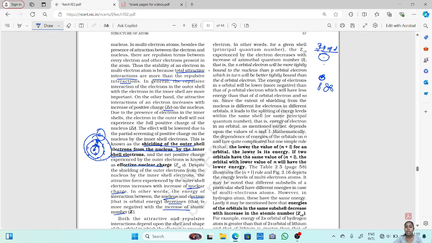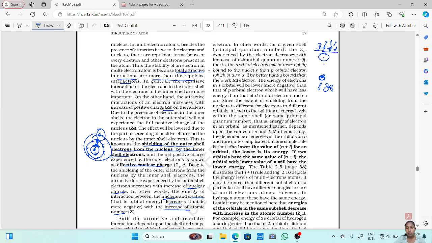Now, the electrons present in these subshells, their effective nuclear charge decreases as the azimuthal quantum number increases. So as the subshells increase, s will have more nuclear charge, p will have less, d will have less. So this is decreasing as you go from s, p and d.